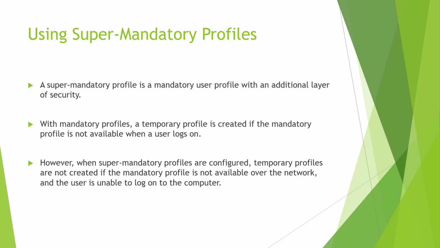Normally, I'm going to be doing this for like a kiosk machine or like a login machine at a front office. We don't want temporary profiles loaded. We only want the default mandatory profile loaded. And with that, if it can't load, just don't load anything.